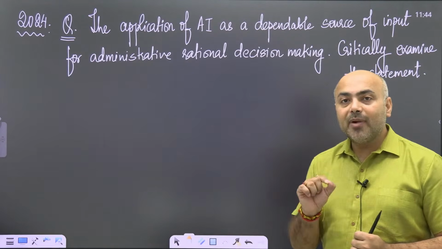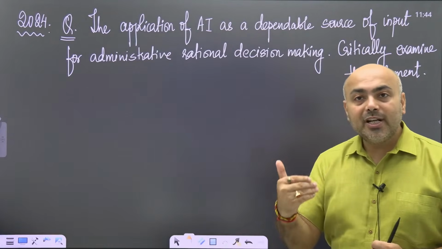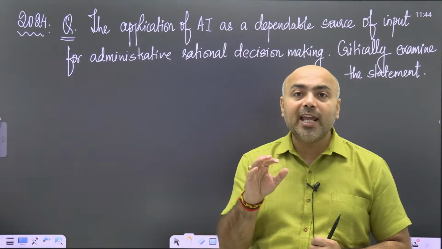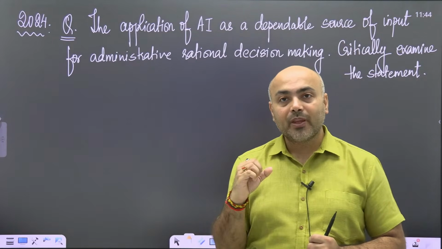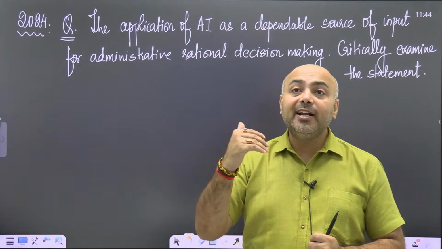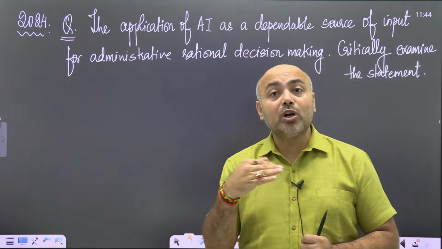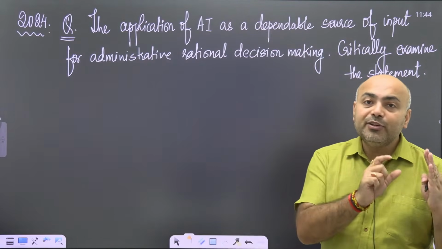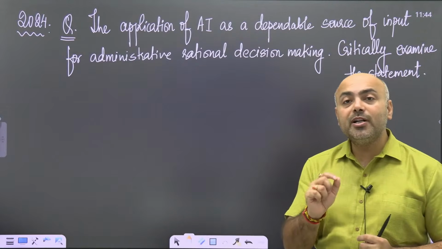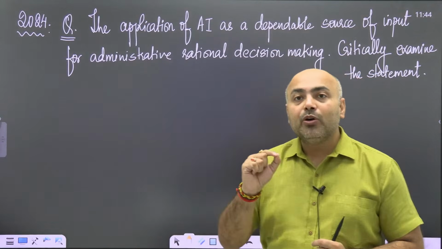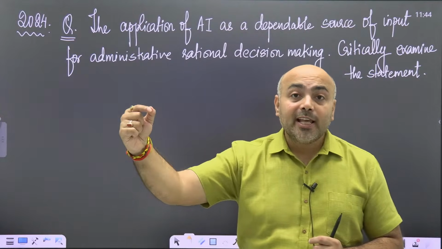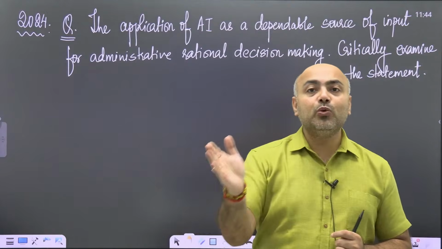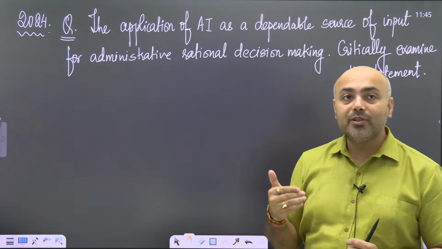The question here demands that when we use artificial intelligence as an input in administrative decision making, then can there be some critical issues, or some problems, or what are the positives? Because it says critically examine. So it is not just what is the issue related to artificial intelligence. The question demands you write what could be the problems or what could be the positives if artificial intelligence is an input in administrative decision making.